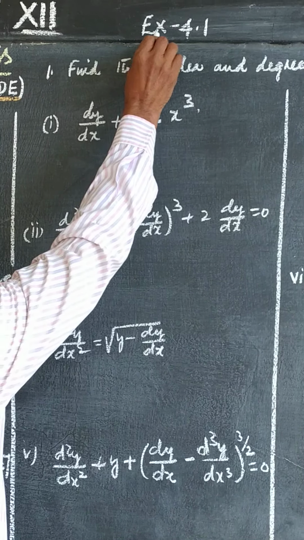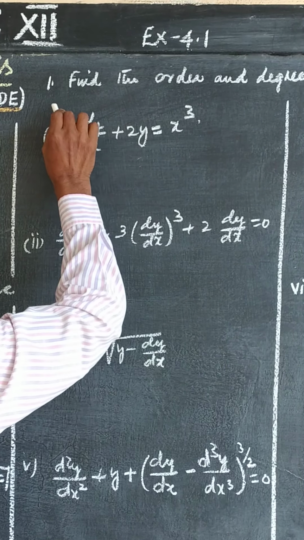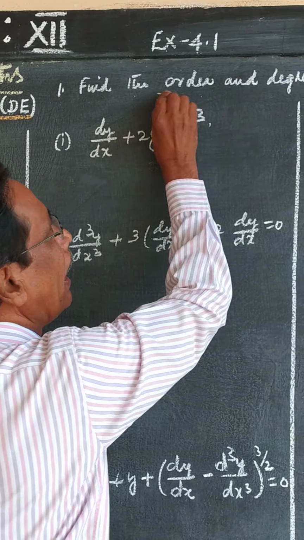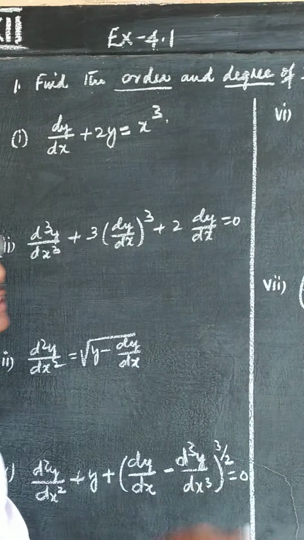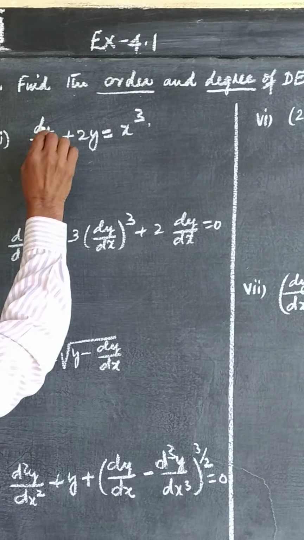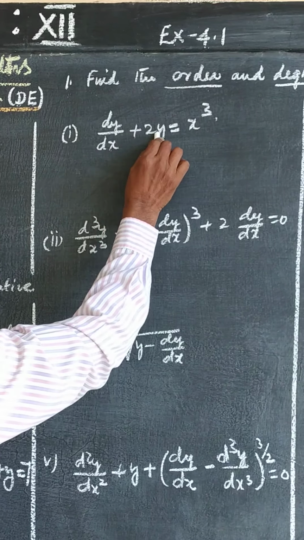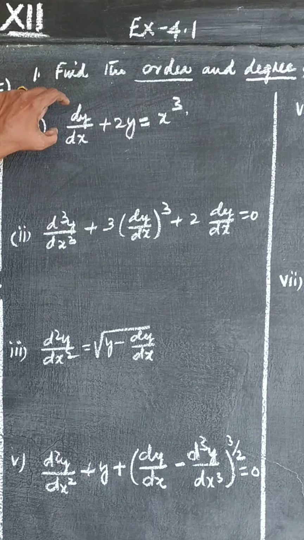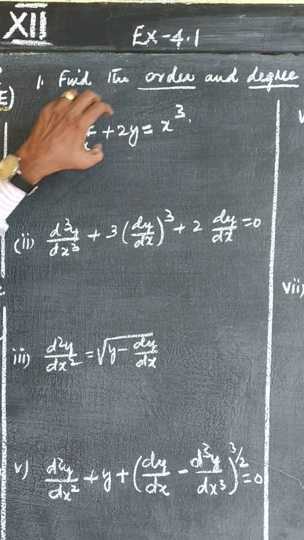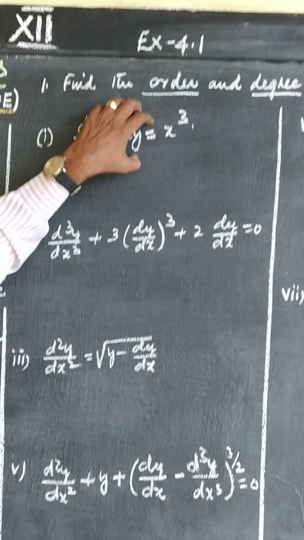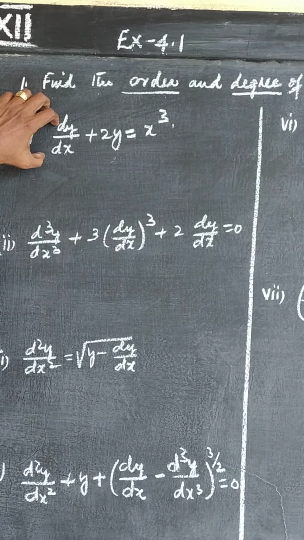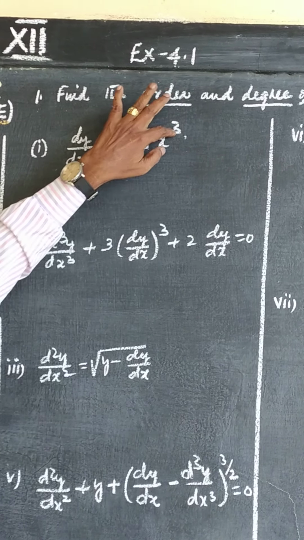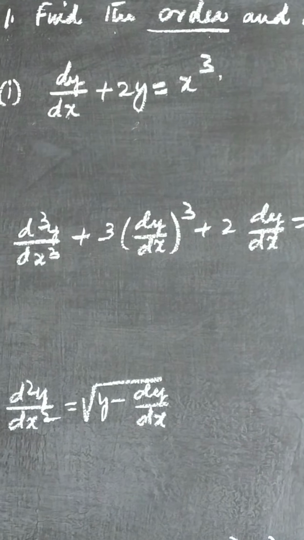Now, in exercise 4.1, we are asked to find the order and degree of the differential equation. First question, dy by dx plus 2y is equal to x cube. Naturally, this is the differential equation given to you.